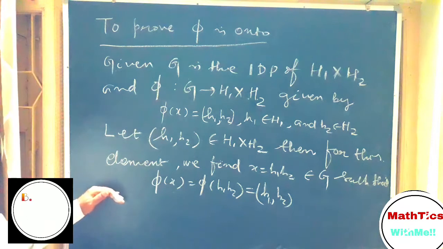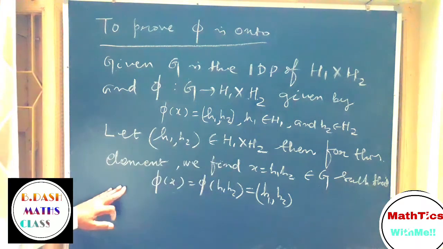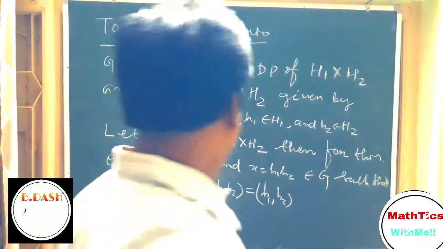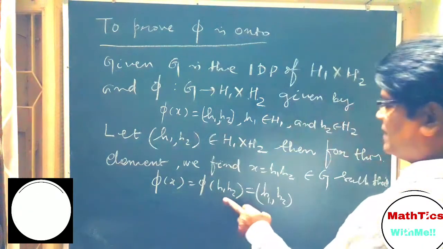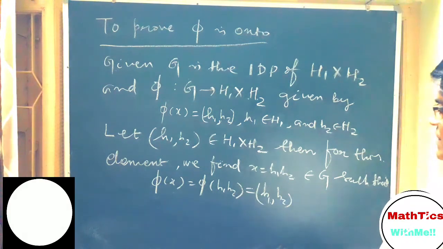So (h1, h2) belongs to H1 cross H2. Then for this element we find x is equal to h1 h2 belonging to G, so that phi of x is nothing but phi of h1 h2, which is the ordered pair (h1, h2).